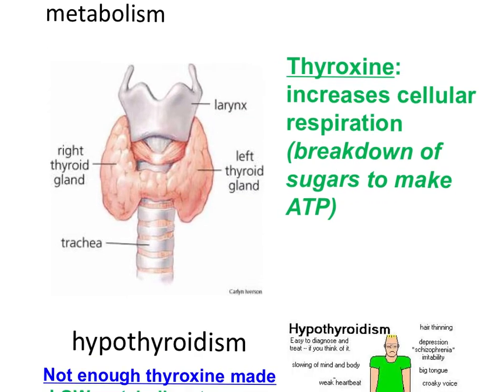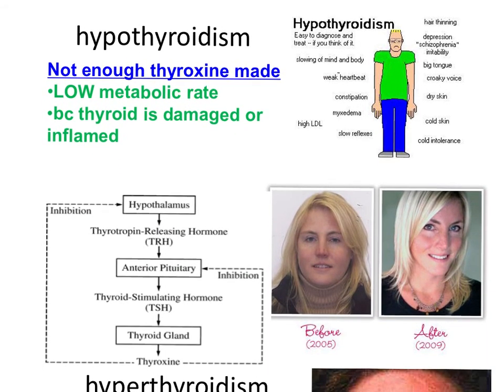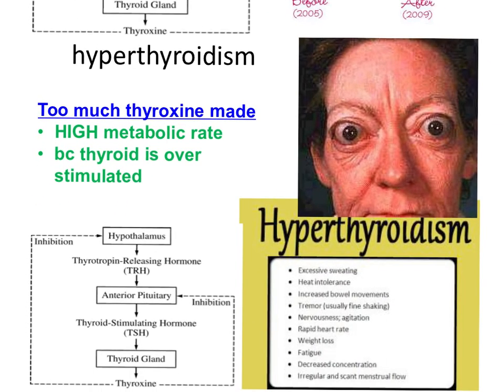It's not ideal to have not enough thyroxine, because if you don't have enough thyroxine, you have a very low metabolism. Your body's not producing enough ATP. There's a host of issues that come from that. If your happy point is not met in the other direction because you have too much thyroxine, that also is considered unhealthy.